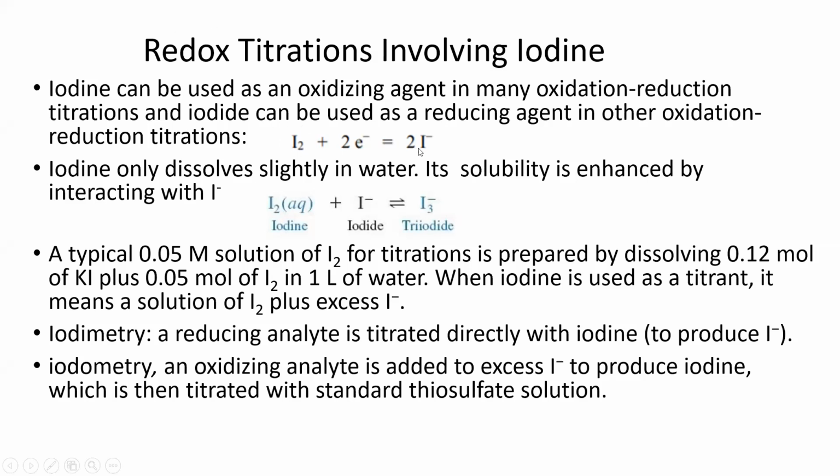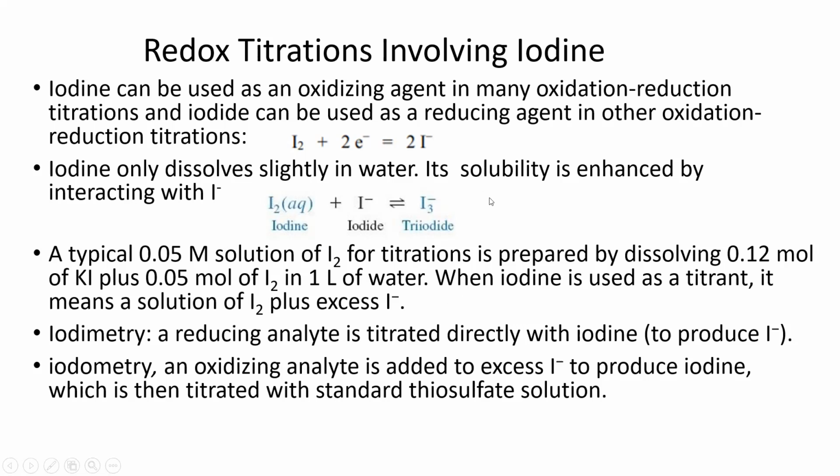This is iodine that becomes reduced, so it's an oxidizing agent. And iodine will dissolve slightly in water to form triiodide. When iodine reacts with iodide ion, it will form triiodide. So when you have a solution of your iodine, to form your triiodide, you just add potassium iodide to iodine in water, and that will now give us triiodide.